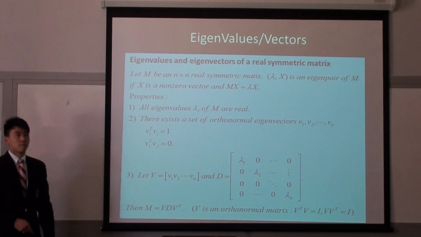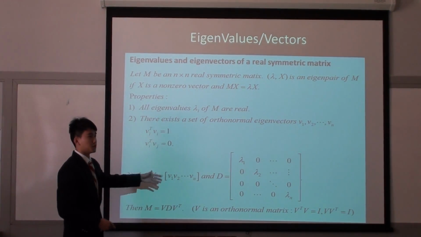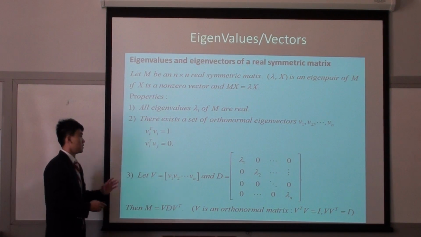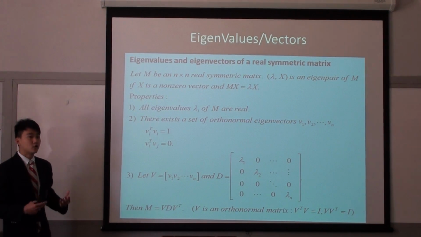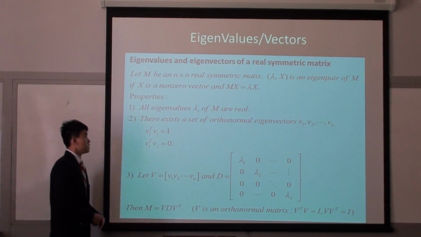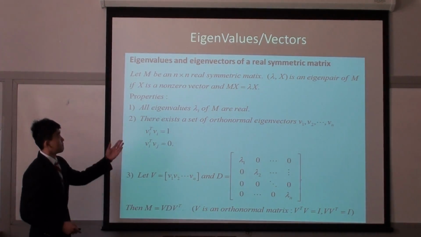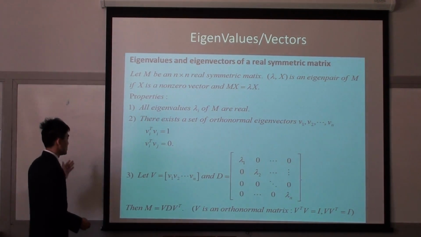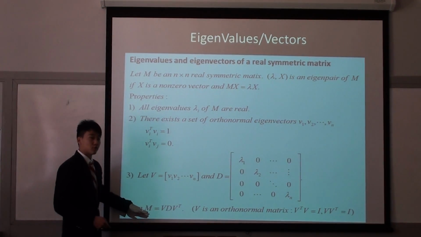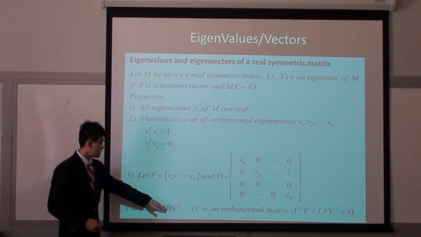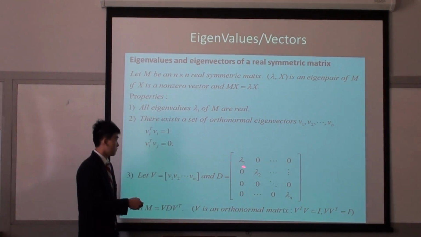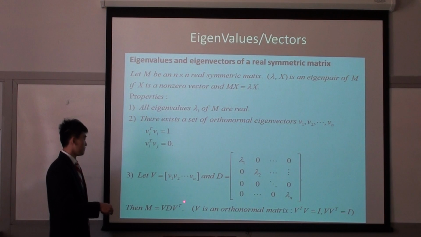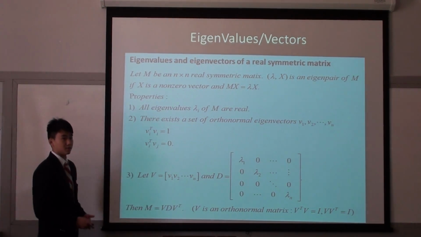I'll skip the details on the vectors, because I only got 15 minutes, so I'm just trying to make this quick. If we want to decompose a symmetric matrix, which is a 2 by 2 or 3 by 3 square matrix, and we can find its eigenvalues and eigenvectors, eventually we can decompose that symmetric matrix into 3 parts, where D is the matrix with the diagonal of the eigenvalues, and B and B transpose represent its eigenvectors.